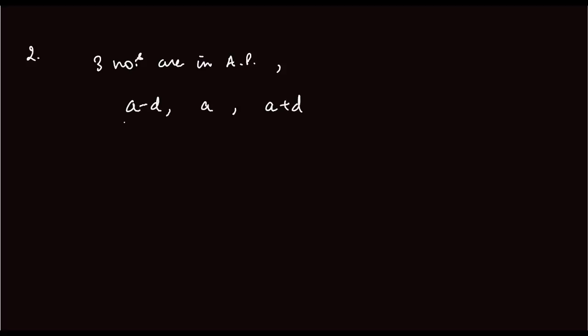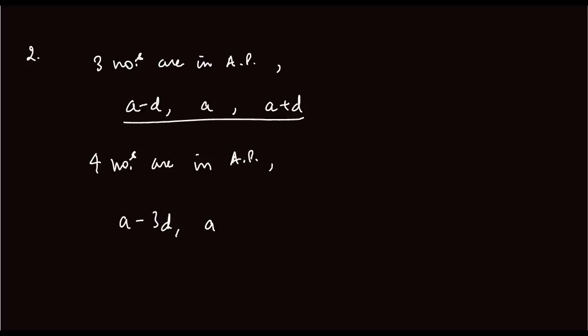The second property is that if you are given that three numbers are in AP, then you can always choose these three numbers as A minus D, A, A plus D. If you are given four numbers in AP, you can choose A minus 3D, A minus D, A plus D, and A plus 3D.